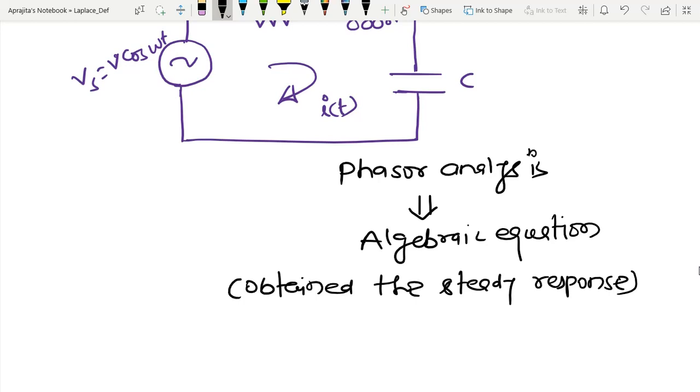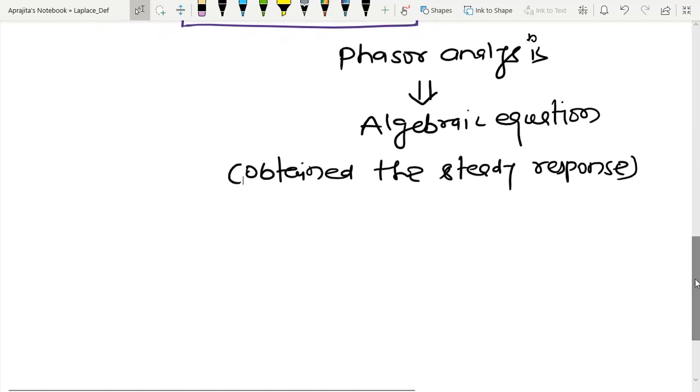And again, same as phasor analysis, if I get the algebraic equation, then it is very easy to solve that particular equation, and I can obtain the steady state as well as transient response, or you can also interpret the complete response directly by using some certain kind of manipulation of the algebraic equation.